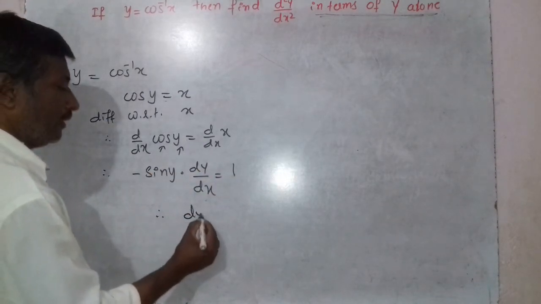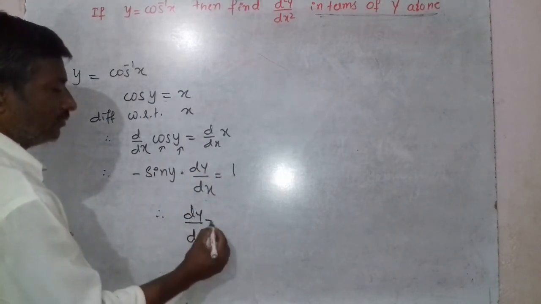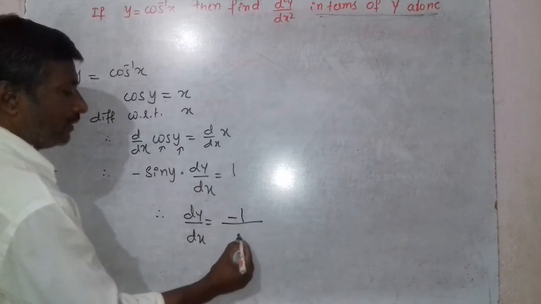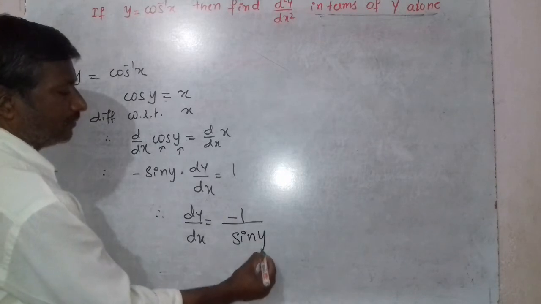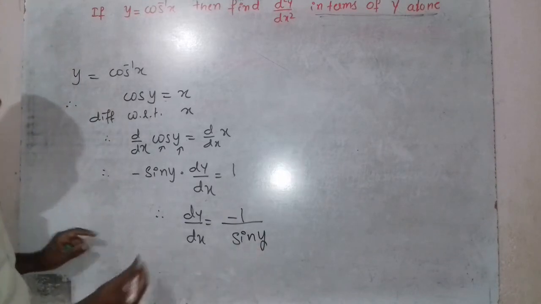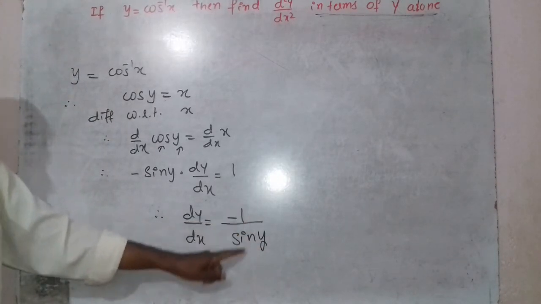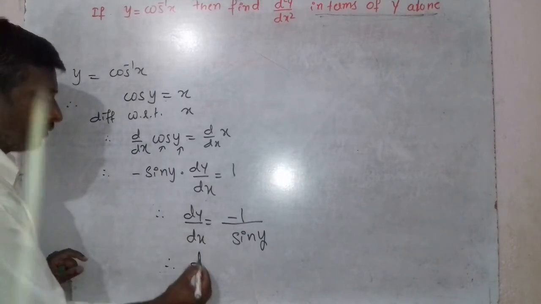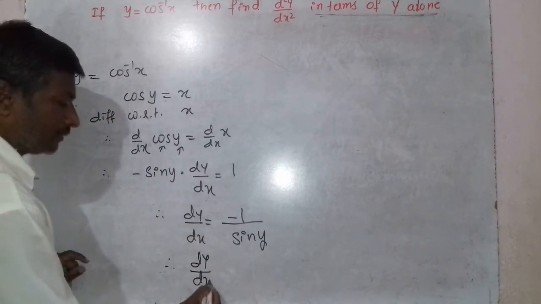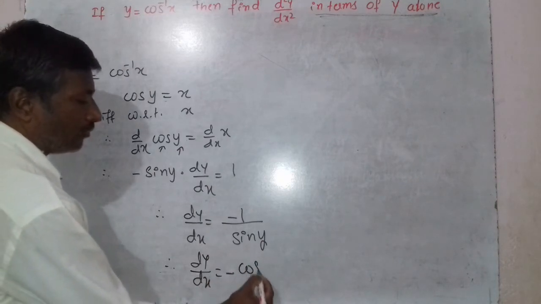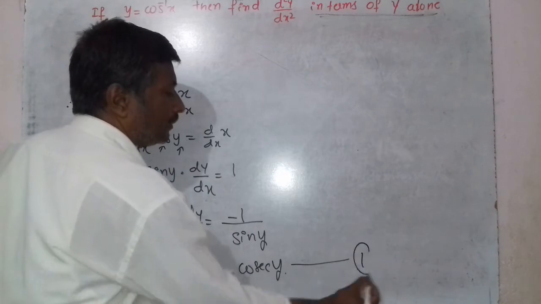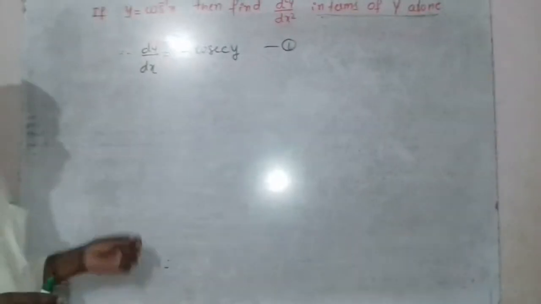Therefore, dy by dx equal to minus 1 divided by sin y. So we know that 1 by sin y is cosec y. Therefore, dy by dx equal to minus cosec y. Call this equation 1.